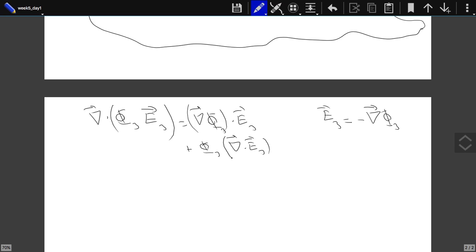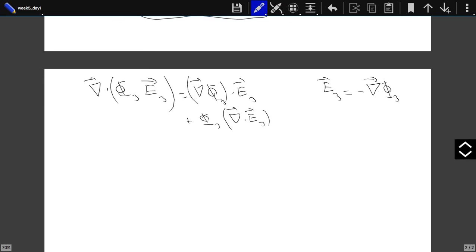Now, in the volume between the conductors, the divergence of E3 is equal to 0, because there are no electric charges in the regions between the conductors.